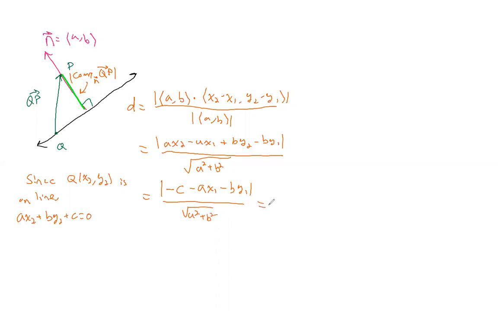And of course, that's just the exact same thing that we had before. That's going to be ax1 plus by1 plus c over root a squared plus b squared, because we're dealing with absolute values. So multiplying everything inside by -1 is going to change precisely nothing at all.